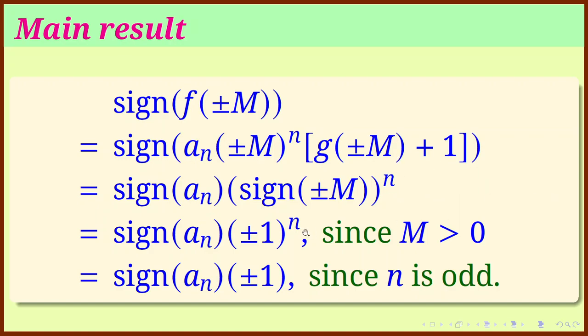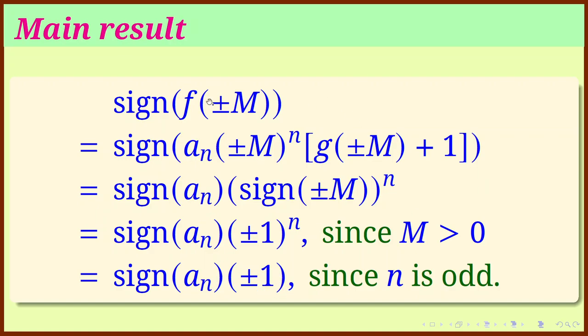This is multiplied by 1. And this one is the sign of an and the sign of plus or minus m to the power n. Since m is positive, the sign of plus m is 1, and the sign of minus m is minus 1. Since m is positive, plus m is positive and minus m is negative, to the power n. And again n is odd, so plus or minus 1 to the power n is the same as plus or minus 1.